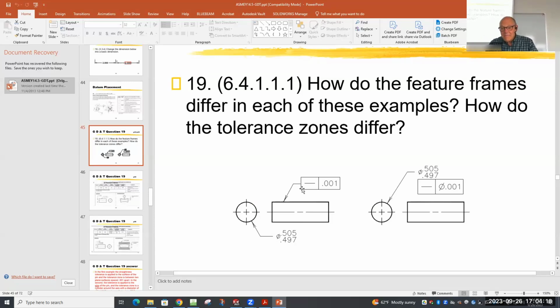All right. So listen, we could have put profile of a line. That's that little curve like that instead of just the straightness. And what that would mean is this. Normally, if I put nothing else, it means starting from right here, we can go up half of that and down half of that. But it's possible with profile to say, no, you can't go any lower than that. The entire straightness tolerance is going to have to be away from the part.